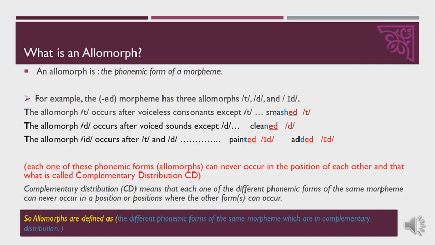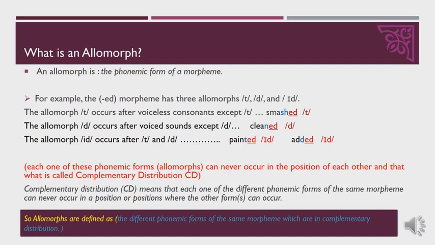And this is what is called complementary distribution. The allomorphs are in complementary distribution. It means that each phonemic form of the same morpheme can never occur in a position of another phonemic form.